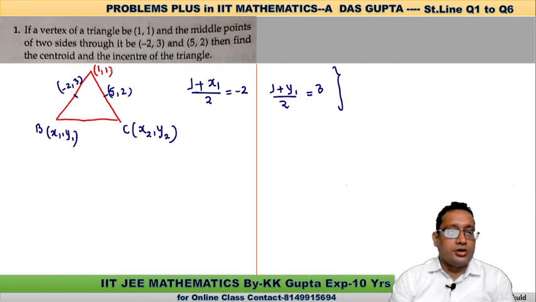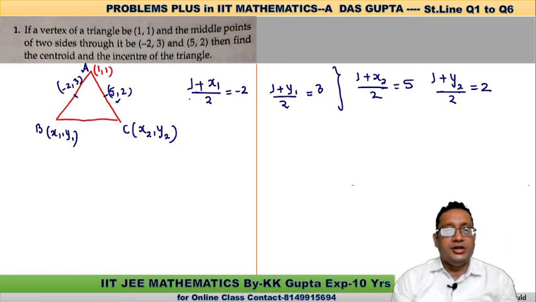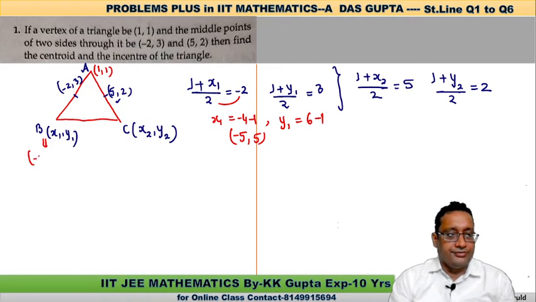Similarly, for vertex A, AC midpoint means (1 plus x2) divided by 2 is equal to 5, and (1 plus y2) divided by 2 is equal to 2. So x1 is -4 minus 1, and y1 is 6 minus 1. So B coordinate is (-5, 5).